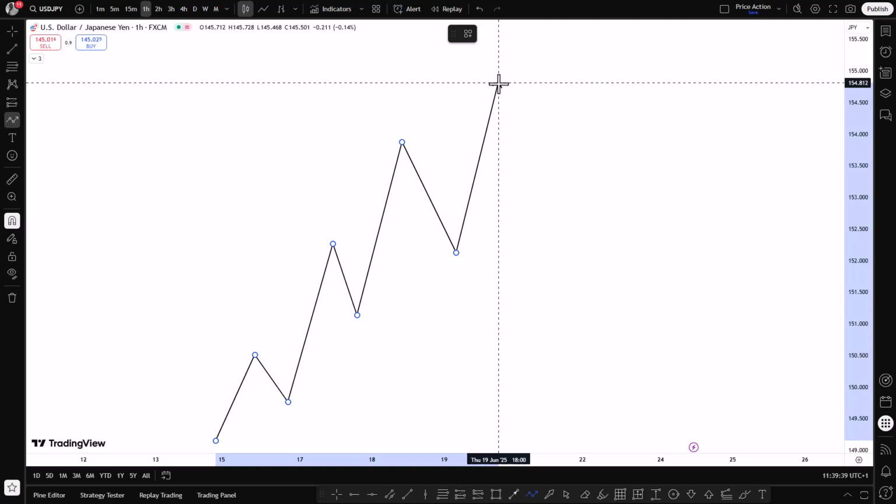But we all know that markets don't trend forever in one direction. No matter how strong the trend is, there's going to be a point in time where there's either a retracement, maybe on the higher time frames, or a consolidation, something that is going to make the trend pause or maybe reverse temporarily before continuing to move in the direction of that trend.